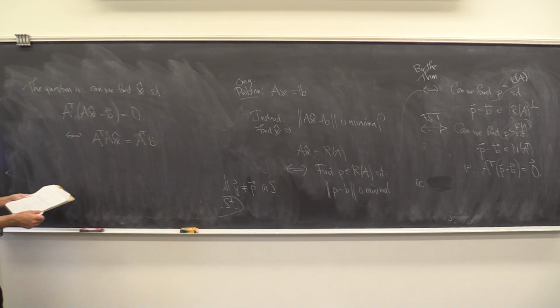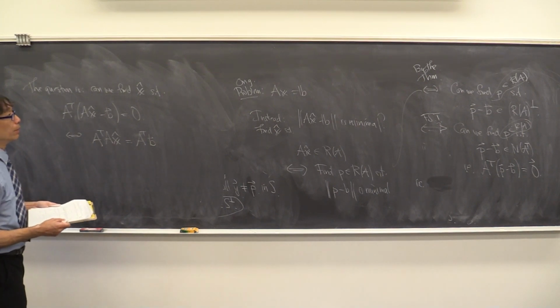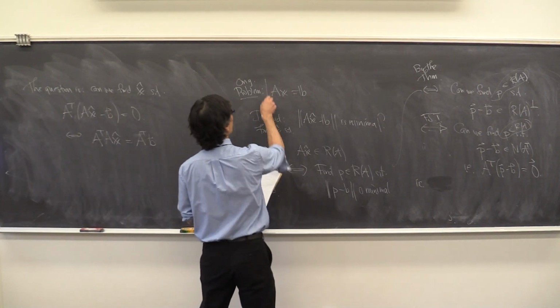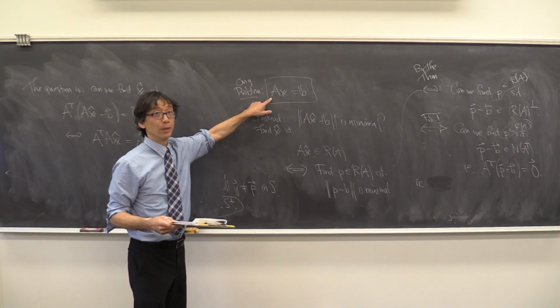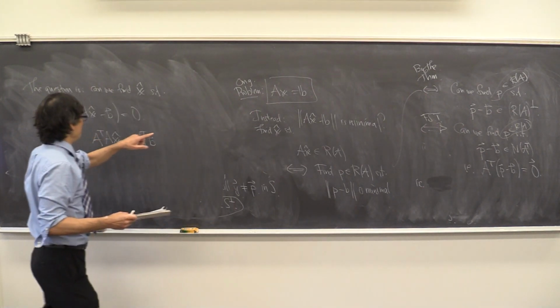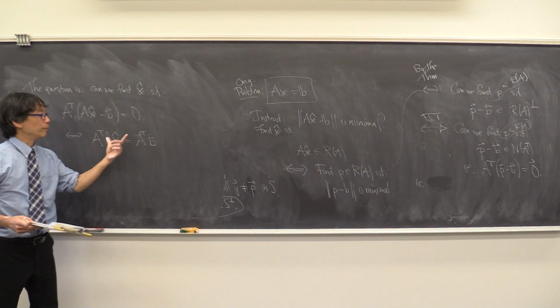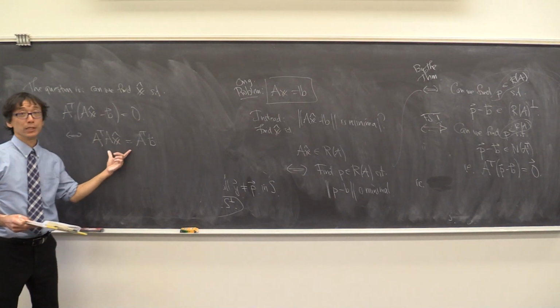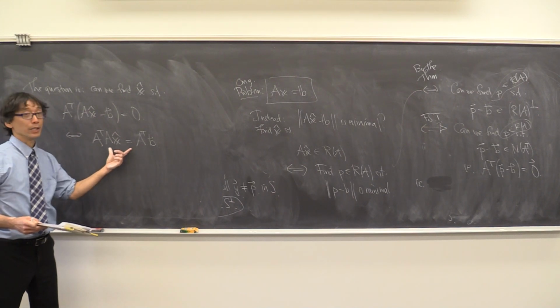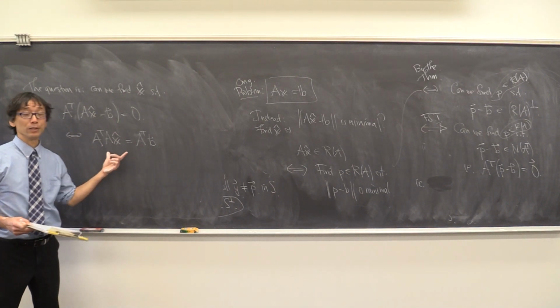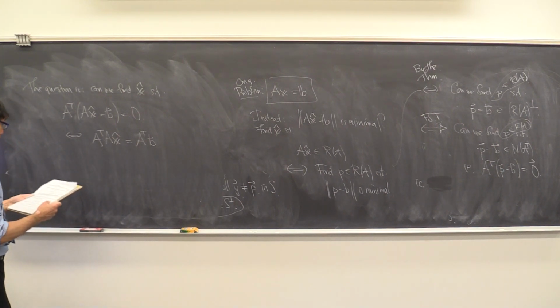Okay, so we started off with this problem, which was unsolvable, and it turned out that the best thing we could do with this unsolvable problem is to change it into this problem. Just multiply the whole thing through by A transpose, and that changes it into a solvable problem.